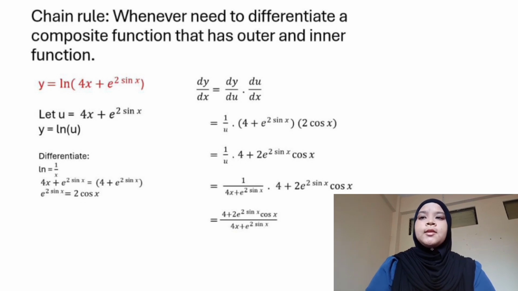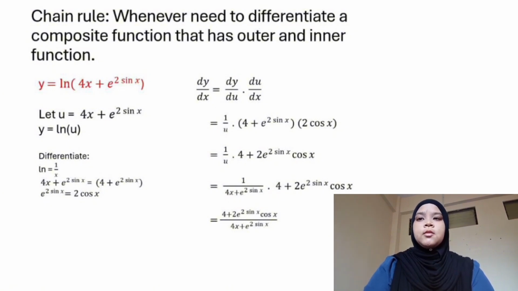The equation given is y equals ln(4x + e^(2 sin x)). So first, we let u equal 4x + e^(2 sin x). So y equals ln u.